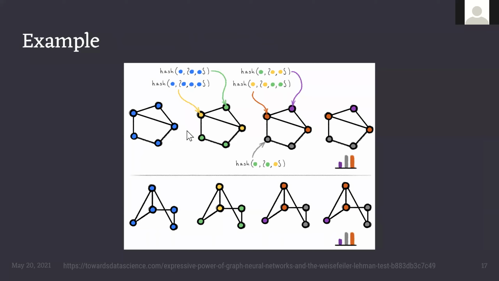But anyway, after the first update, the yellow nodes get a new label that is derived by hashing its label at the previous time step, but also the labels of its neighbors. And we go on like this until we get to this condition and the fingerprint I was referring to before.